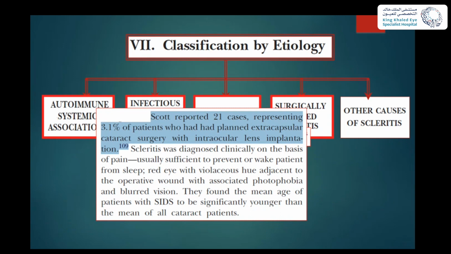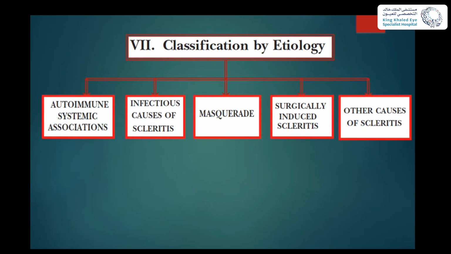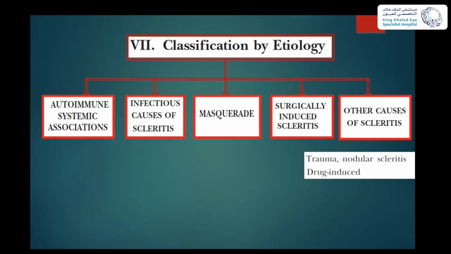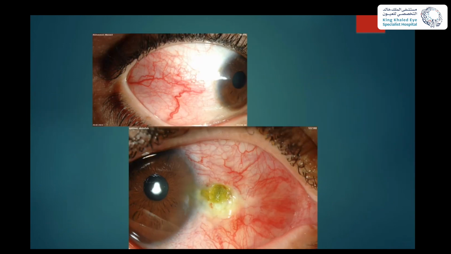Retina surgery around sclerotomies can initiate a scleritis. Again, either immune-related or infectious. Both possibilities are there. Other causes are trauma or medications, which can also cause scleritis.